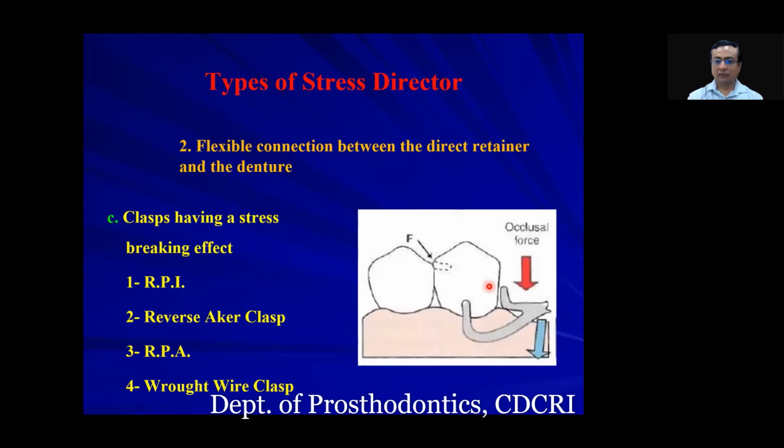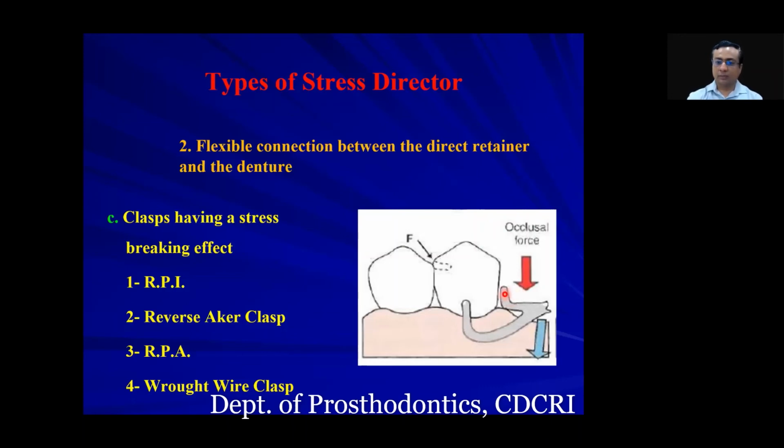Therefore these clasps are known as having a stress breaking like effect. Why stress breaking? Because they break the path of the transfer of stress from the artificial tooth to the abutment tooth.